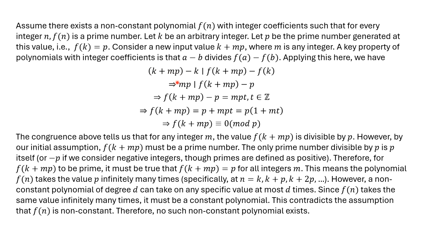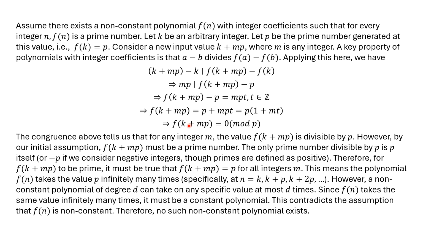And then we just take the difference, we get mp. Then I'm just plugging in p for f of k. Then this implies that f of k plus mp minus p equals mp times some integer t. Then we can just bring the p to the right, then factor it out, and this implies that f of k plus mp is congruent to 0 mod p.